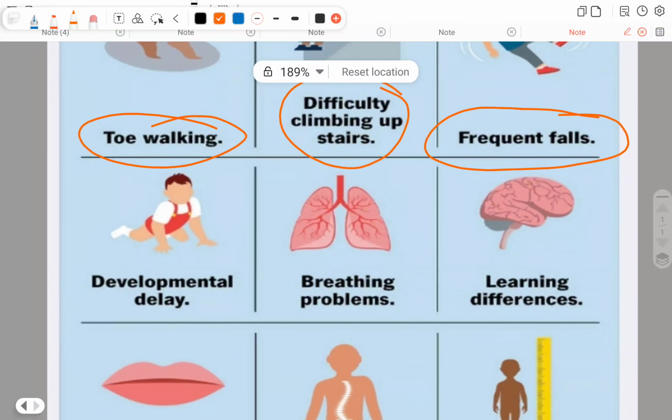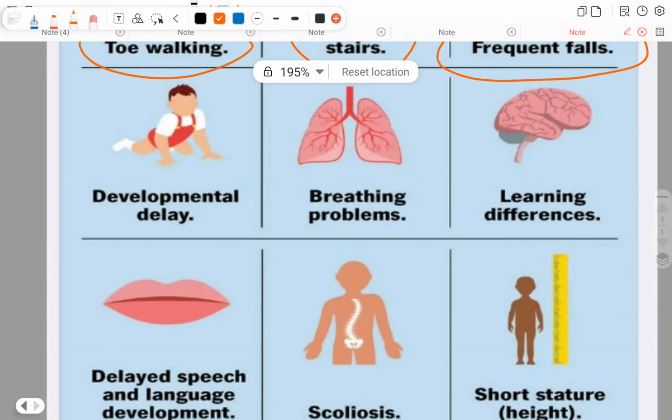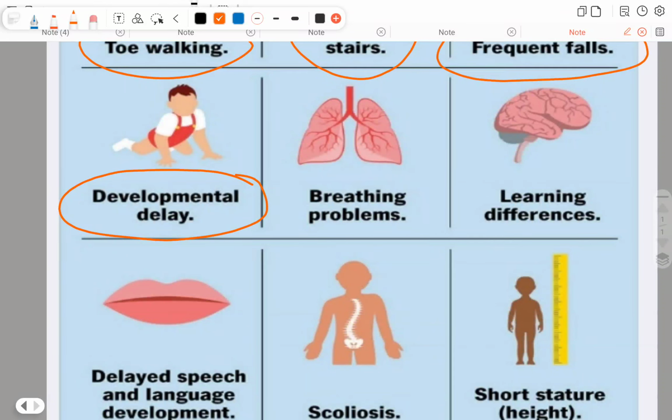According to the abnormal function of the muscles, developmental delay may occur. For breathing normally we have to use our rib cage muscles, and the rib cage muscles couldn't contract properly. Breathing difficulties may occur.